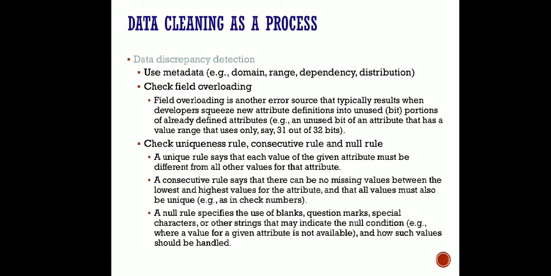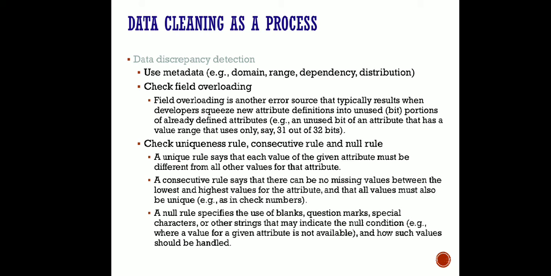Then the consecutive rule says that there can be no missing values between the lowest and highest value of the attribute. We can find out like this. And the null rule specifies the use of blanks, question marks, special characters, or any other strings that may indicate a null condition, and how such values should be handled.